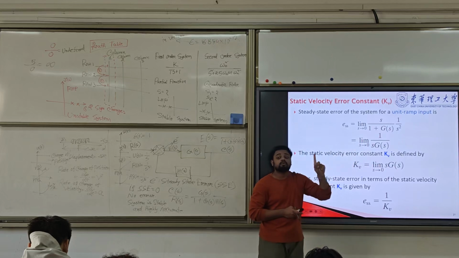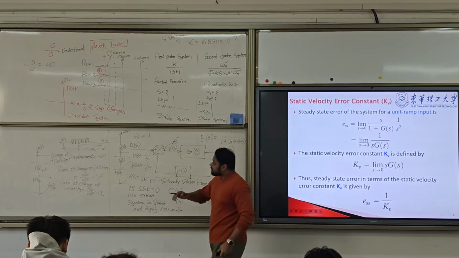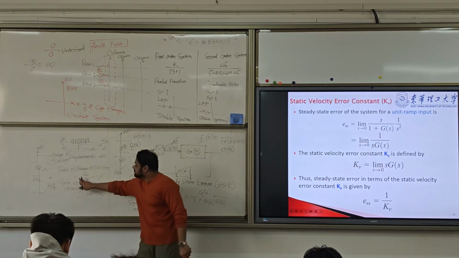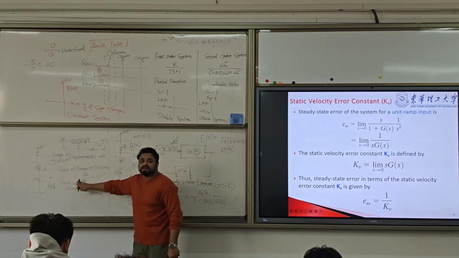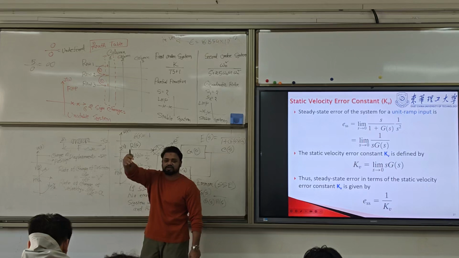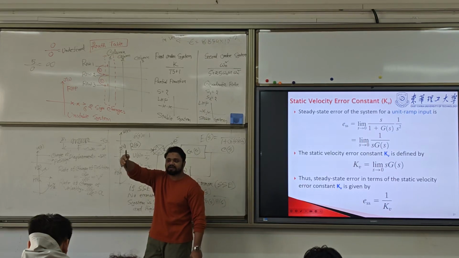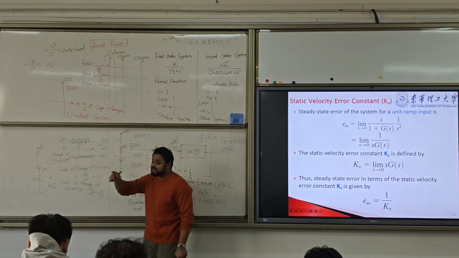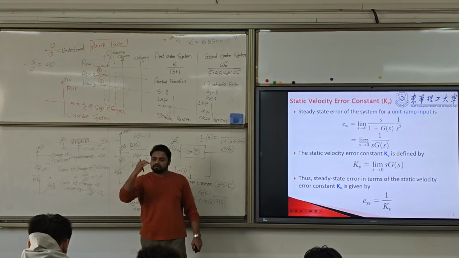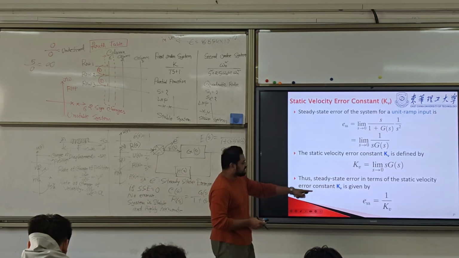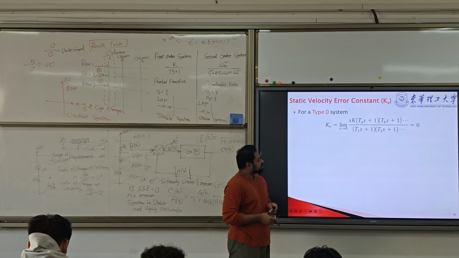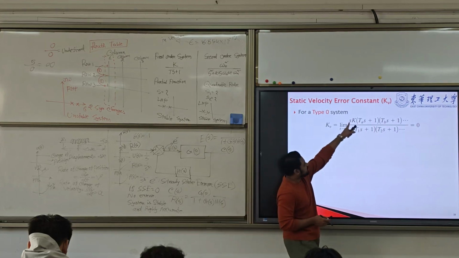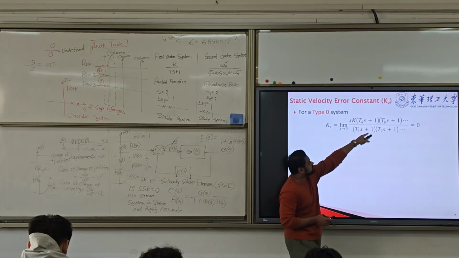And why is it s? Because it is differentiation. If you differentiate and convert it into the Laplace domain, you will have an s term. So because of the derivatives, we have an s. Limit s Gs, so this is the Gs value.